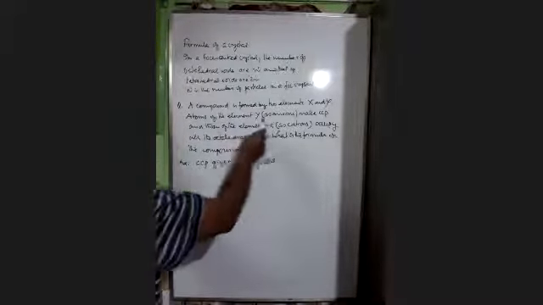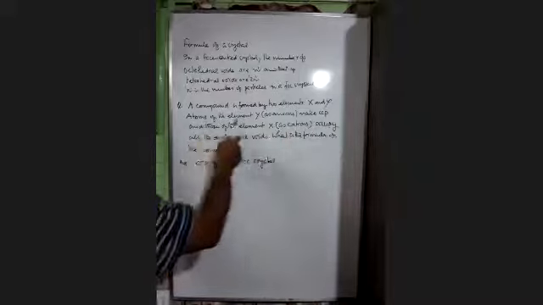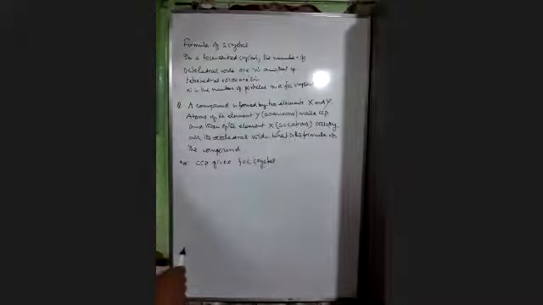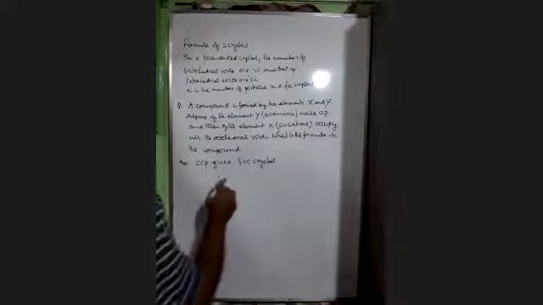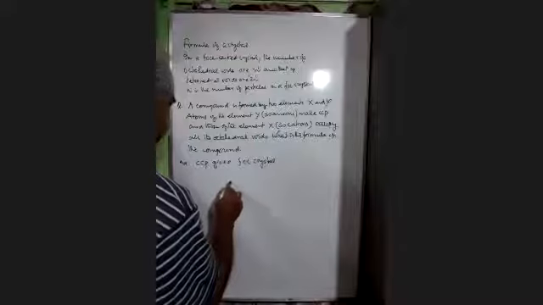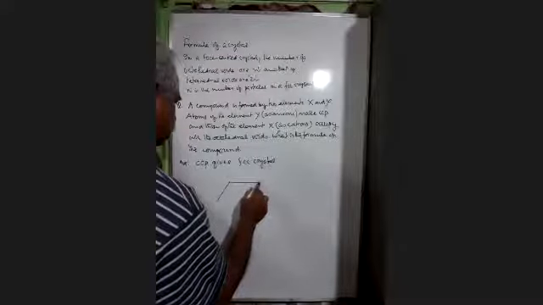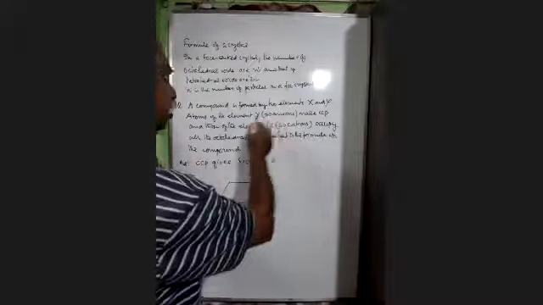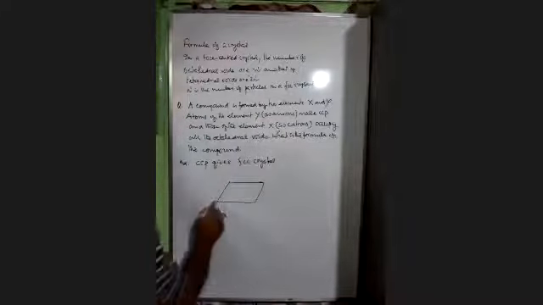Now see what does it say? Atoms of the element Y make the CCP. If I draw it in this way, it means Y is forming the crystal lattice.